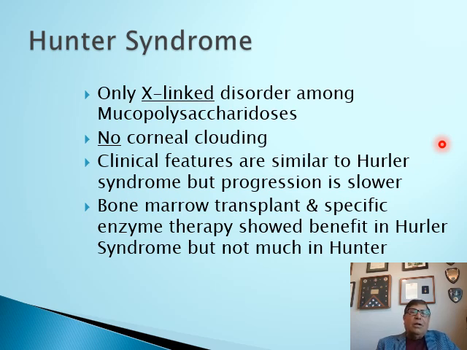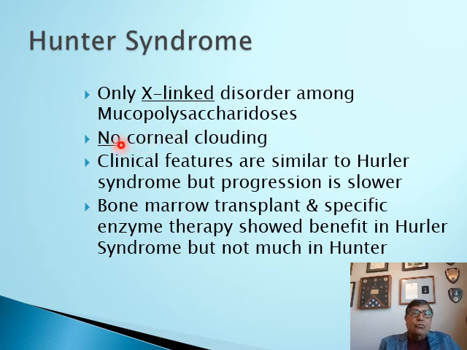I used to remember this by a little formula. Hunters are usually male, so it is X-linked. Well, that's how I remember, but you may have a much better memory. So it is X-linked mucopolysaccharidosis.